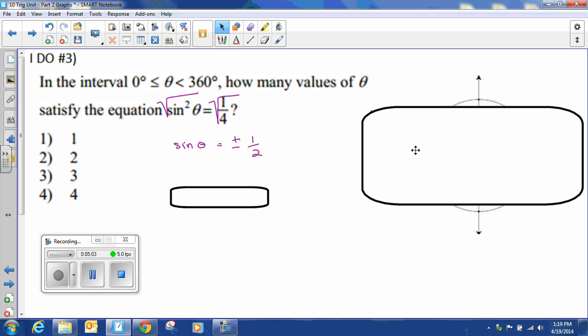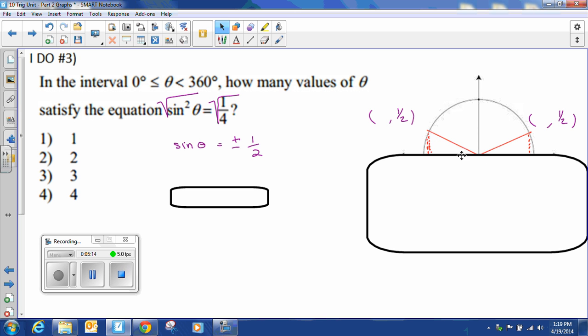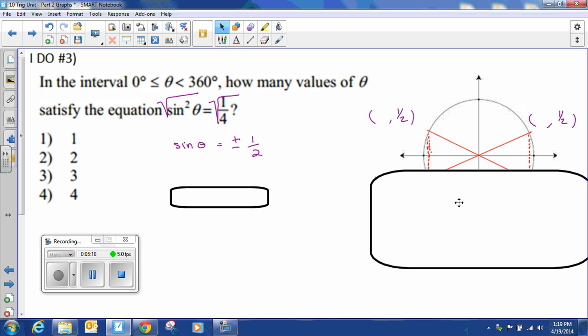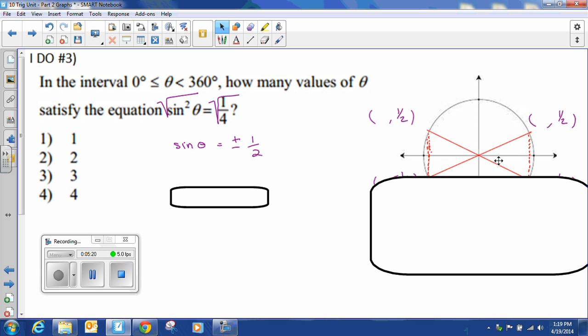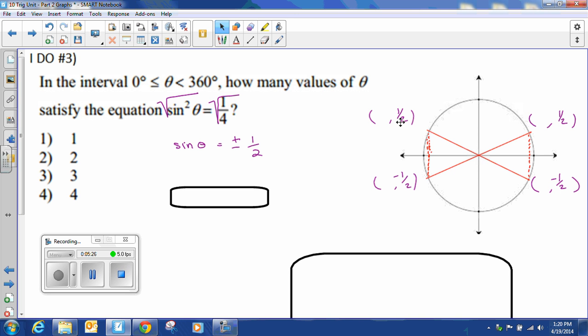And if you think about which y values equal 1/2, well, we have positive 1/2 up here in quadrant 1 and 2 at 30 degrees and 150 degrees. And then negative 1/2 is going to occur 30 degrees below the x-axis on both sides. And that's how we get this right here, which is your skinny bow tie.